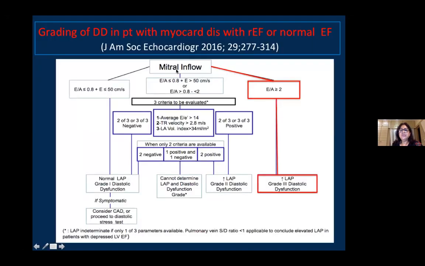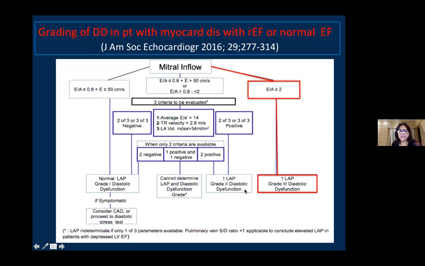Now let us look at the extreme right arm of this flow chart. You see, if mitral inflow shows E by A ratio more than 2, then straight away we can say it's grade 3 diastolic dysfunction, where there is raised LA pressure or raised LV filling pressure.